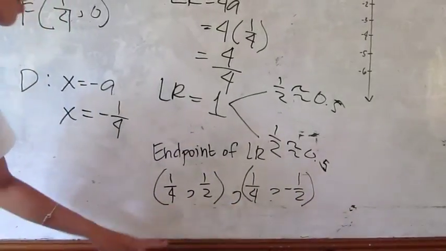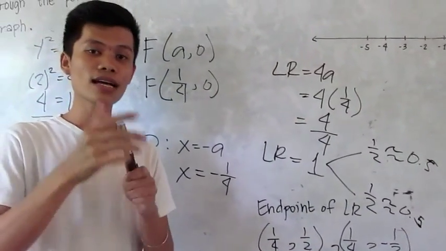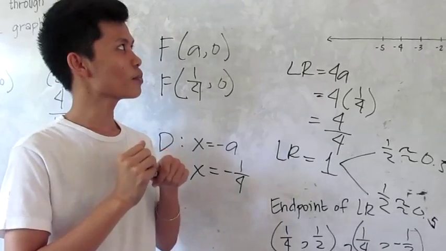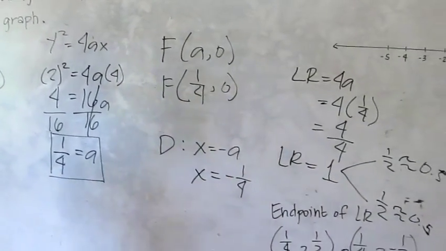So we have here the two endpoints of the latus rectum. So we can already graph the parabola using these given answers.